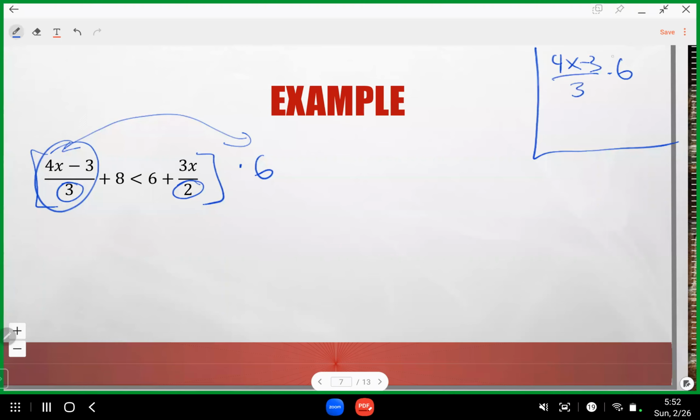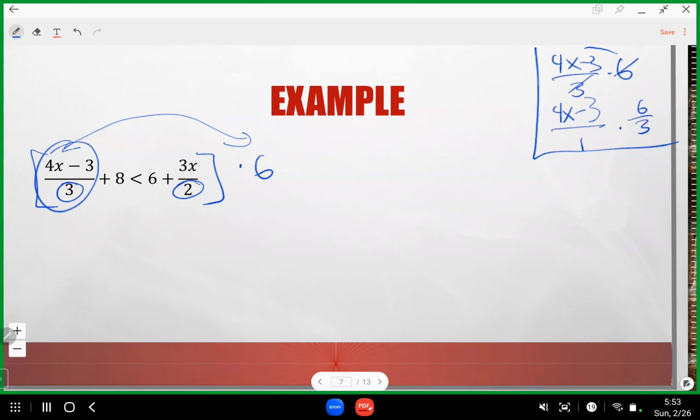Instead of just multiplying the tops, actually distributing everything, it's going to be very ugly. It's going to be like 24x minus 18 over 3, and then you have to divide by 3, and it's going to be very tedious. So instead, you can actually cancel out this 6 and 3, right? 6 divided by 3 is 2.